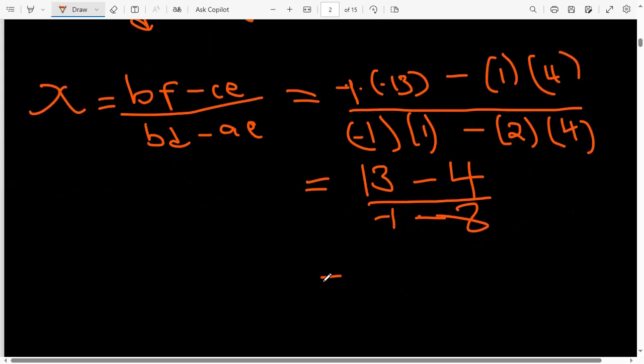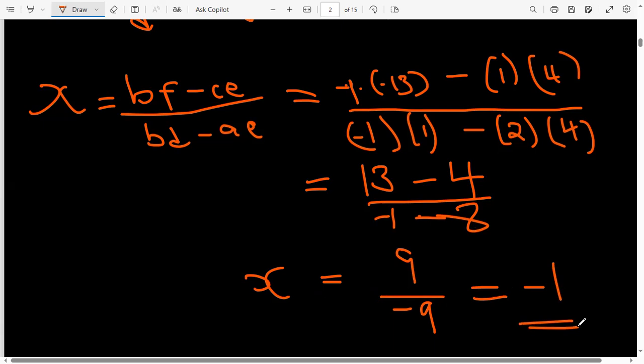So 13 minus 4 will give you 9, divided by minus 1 minus 8, which will give you minus 9. So our X using the Finch rule is just minus 1. Any questions there before we go to the value of Y?